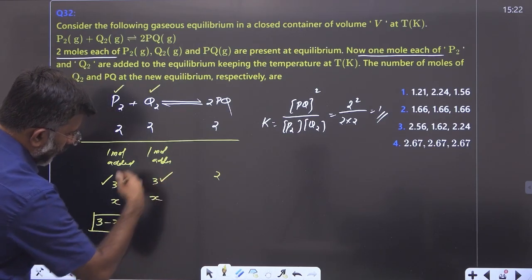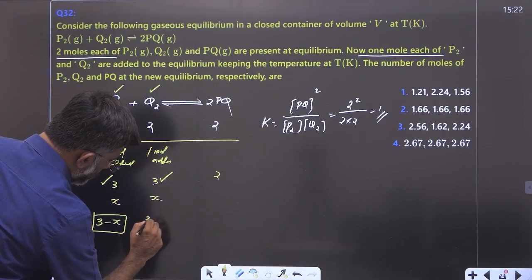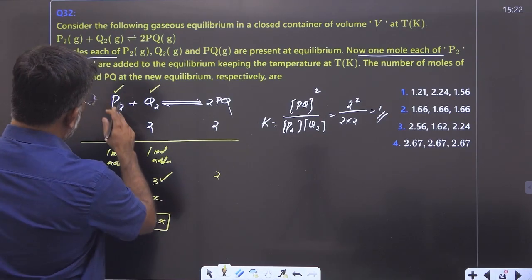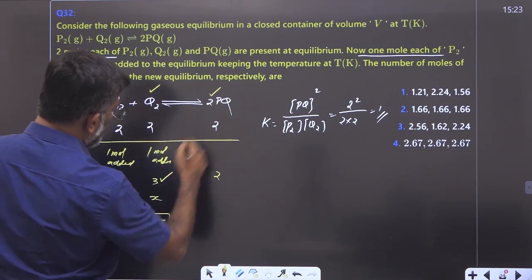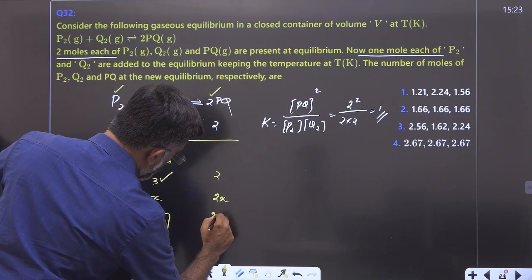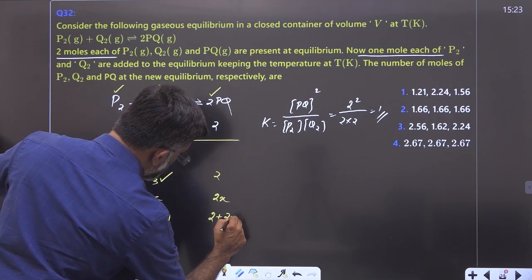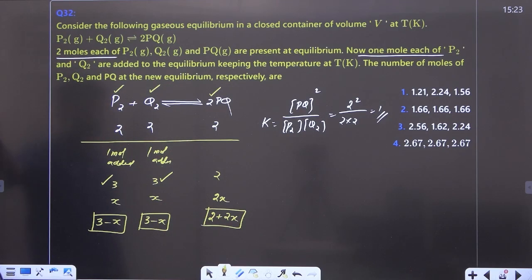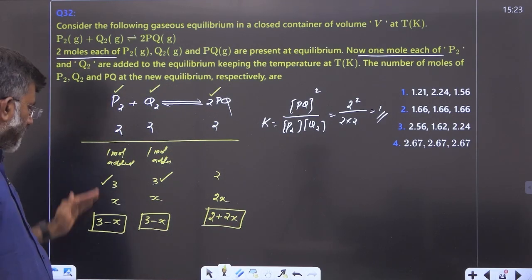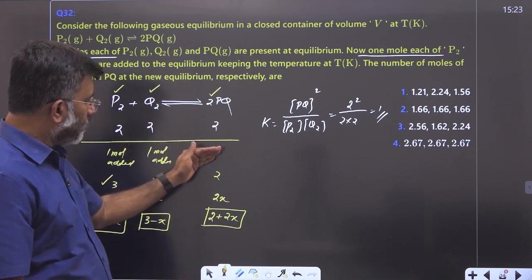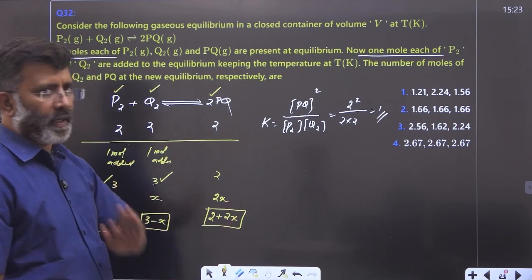And 1 mole gave 2 mole, so here obtained will be 2X. So the new equilibrium quantity will be 2 plus 2X. So here 3 becomes 3 minus X, 3 becomes 3 minus X. Here 2 becomes 2 plus 2X.